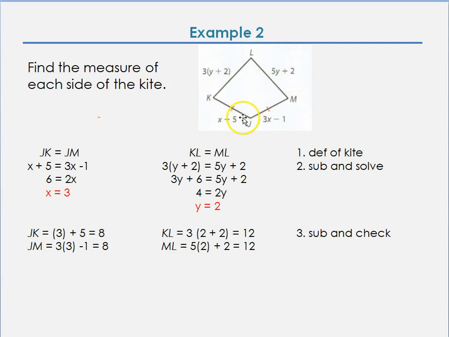KJ and MJ will not be the same length as KL and ML, but the shorter sides will be congruent to each other, the longer sides will be congruent to each other.